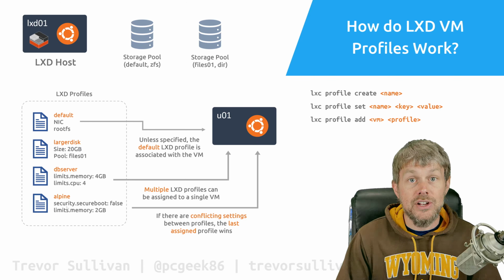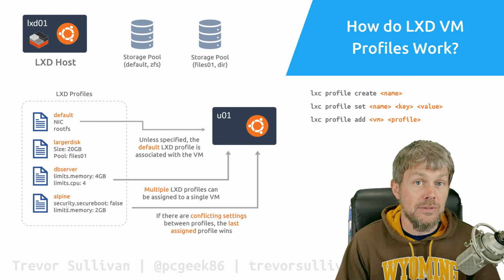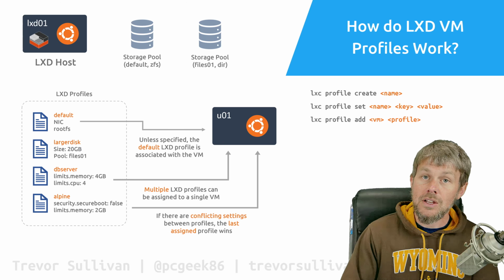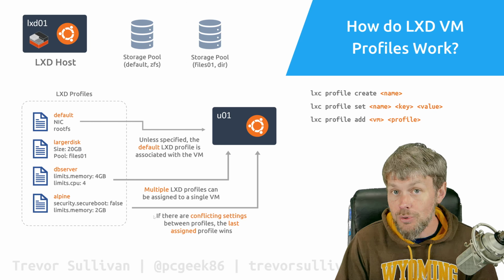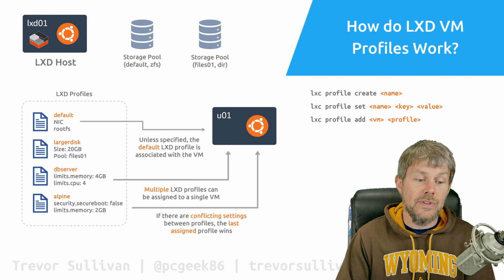But in order to launch an Alpine Linux virtual machine, we actually have to explicitly disable this Secure Boot setting. So what we might do is create an Alpine profile and then specify that the security.secureboot setting should be set to false rather than the default, which is true. Also, for Alpine Linux, maybe we want to generally have 2 GB of RAM instead of the default profile's 1 GB of RAM.